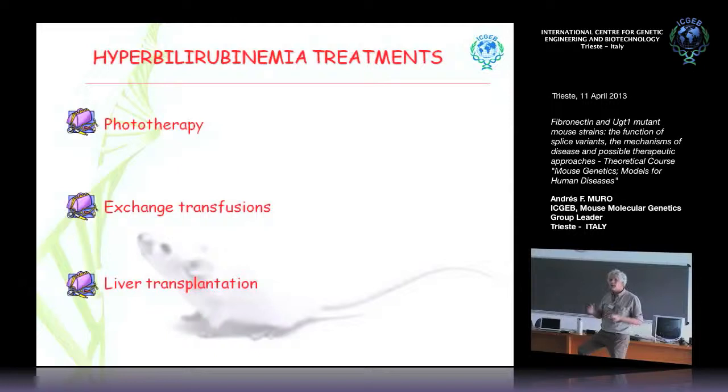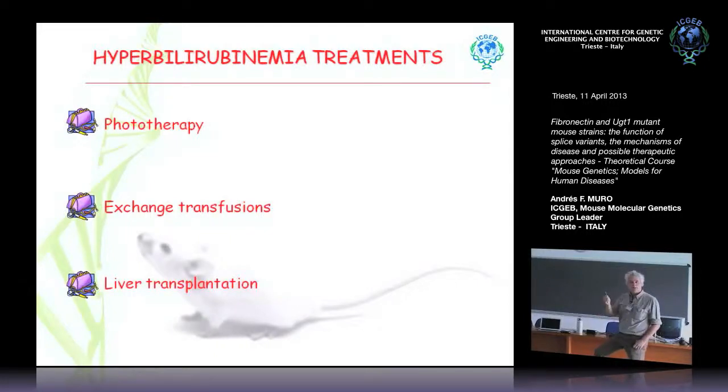This is a non-genetic form of hyperbilirubinemia, which is normally treated with phototherapy. If you go to the neonatal care unit, you will see a lot of babies under the blue light, and after a few days they go home. So this is not a problem. This is considered physiological and is even beneficial in some cases.